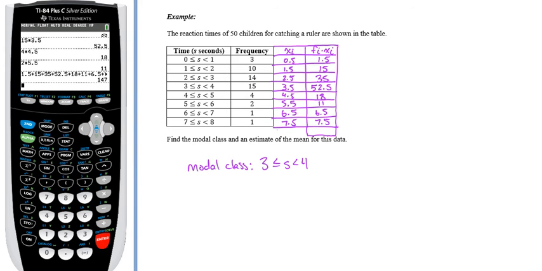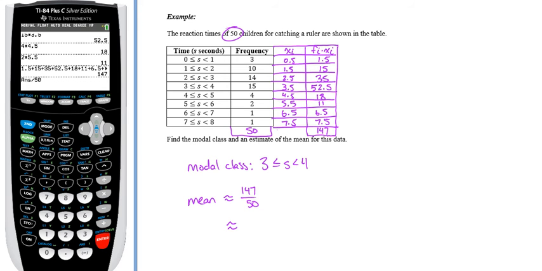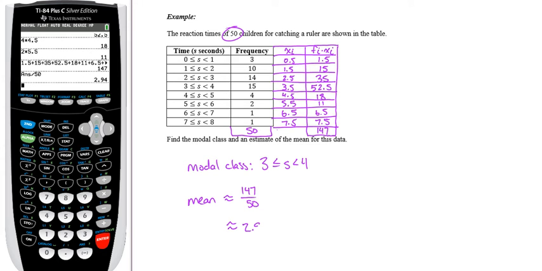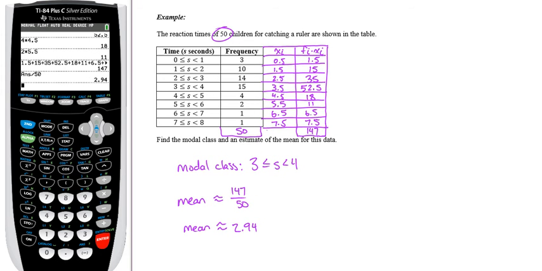And when we add all those up, we get 147, and our total frequency is 50, because we're told in the question that it's 50 children, so our mean estimate is going to be 147 divided by 50, which is approximately 2.94 seconds. Even though that works out to an exact answer, I'm still using the approximately equal to notation because it's still an estimate. This is not an exact mean because I assigned midpoint values to each of the frequencies.